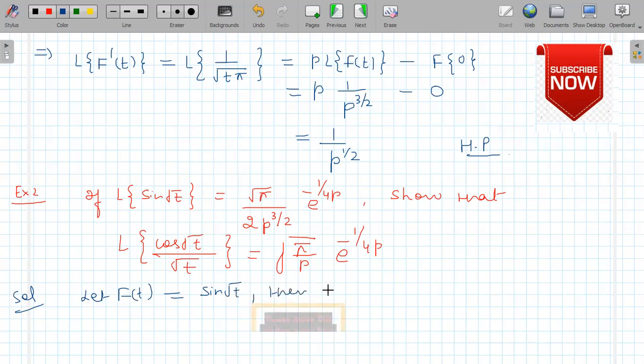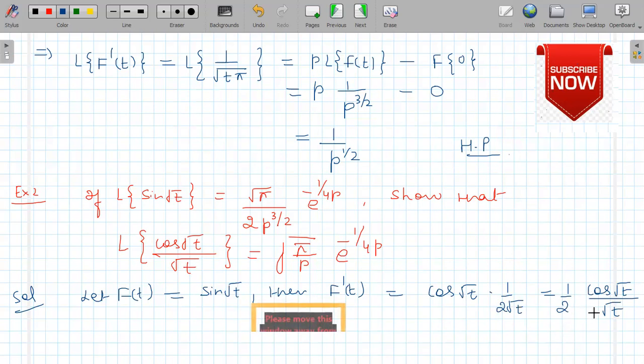Then I will find the derivative of this function without bothering what is given here. The derivative of this function is cos of square root t, and then the derivative of square root of t is 1 upon 2 square root t. So it is 1 upon 2 cos square root of t over square root of t. This term is extra here, so nothing to worry about this.